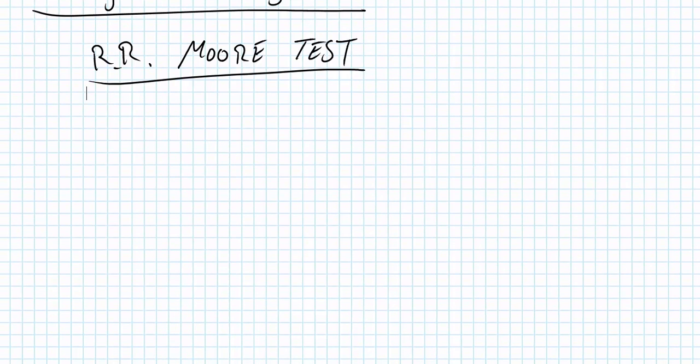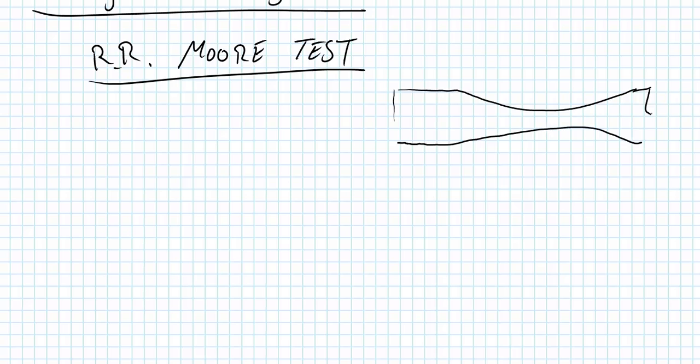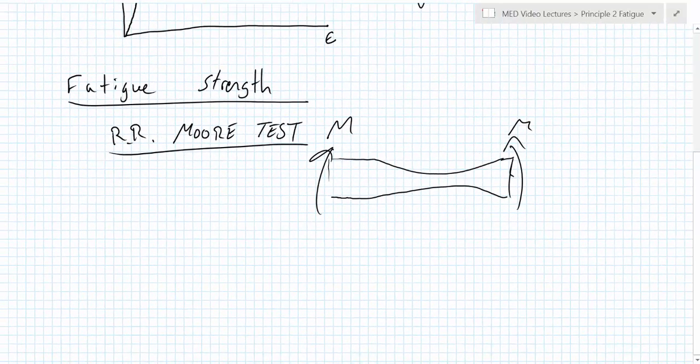And this test stand basically takes a part, again it will be some notched component, and puts it under pure bending, an absolute bending moment, and then rotates that part n number of cycles. And depending when this thing breaks is how we define our test specimen.